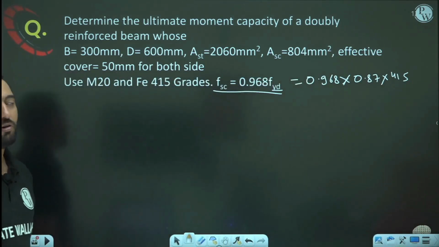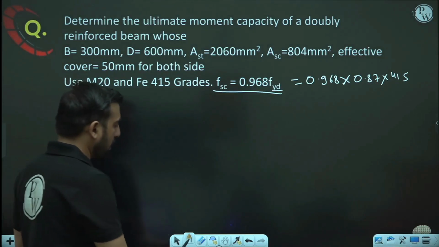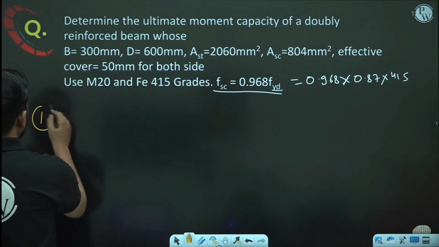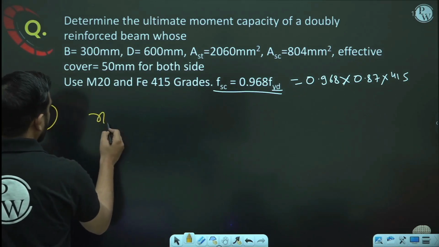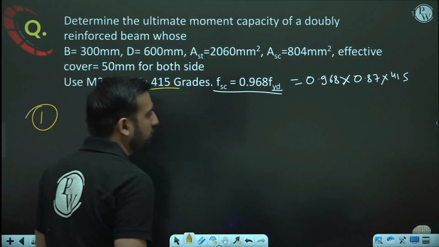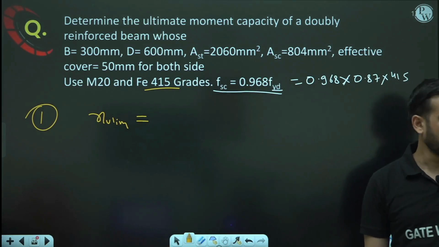Okay, so let's solve it. So again an analysis problem, dear. This is again divided into 4 parts. First part is calculation of Xu,lim. We all know how to calculate the value of Xu,lim. Again the grade is 415, and for 415 grade Xu,lim is 0.48 into d.